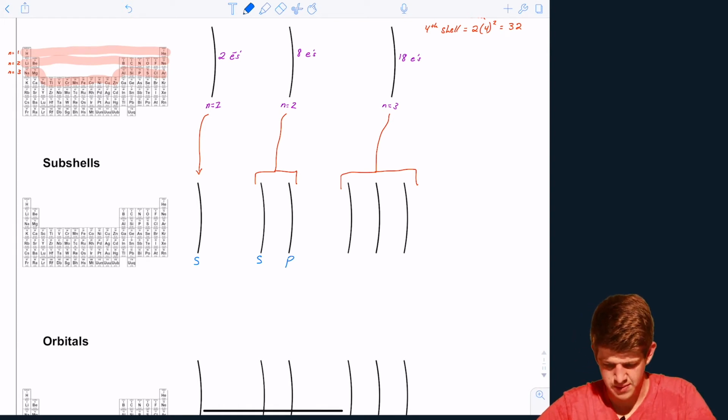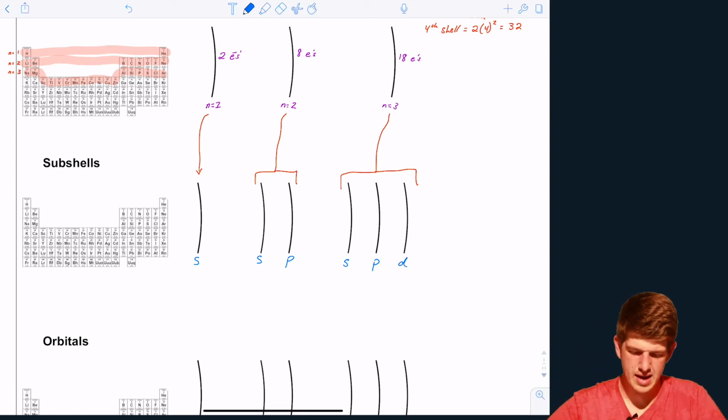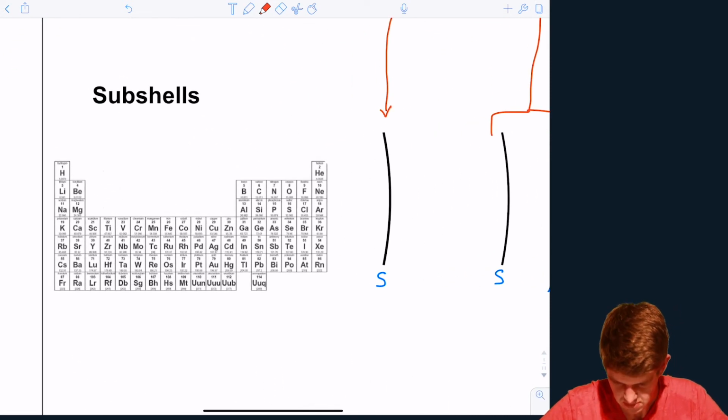And then, following the pattern that's been laid before us, for the third series of subshells, we have the 3s, the 3p, and the 3d. And guess what? Just like before, this is going to be represented on the periodic table.